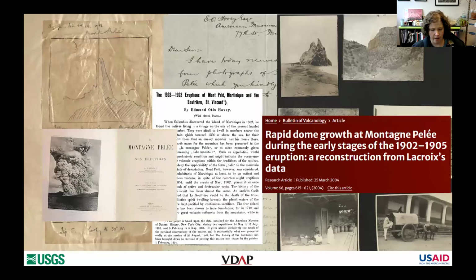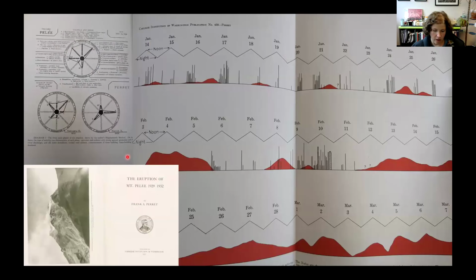I'll just go through some other examples of this sort of source material, going to some more modern examples. This is some of the work by volcanologists for the Mount Pelée eruption. We've got great drawings and notebooks and more recent interpretations of those notebooks that also include great graphs. The red is plotting cumulative dome volume.